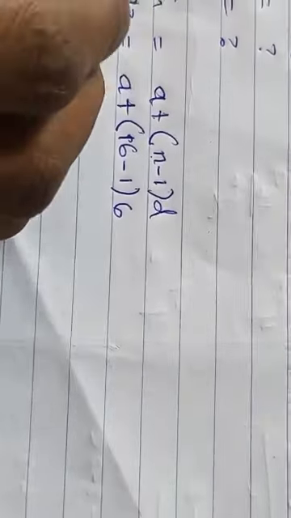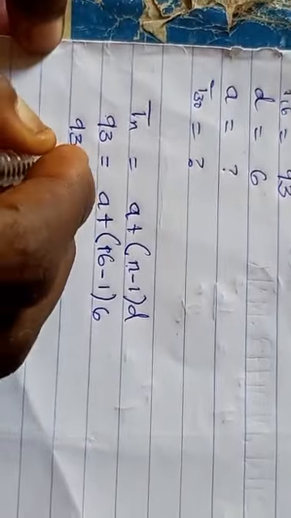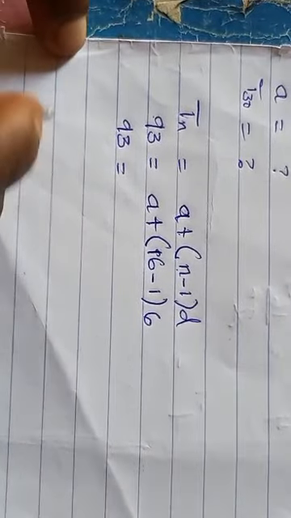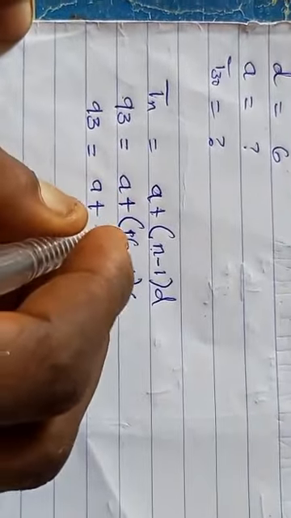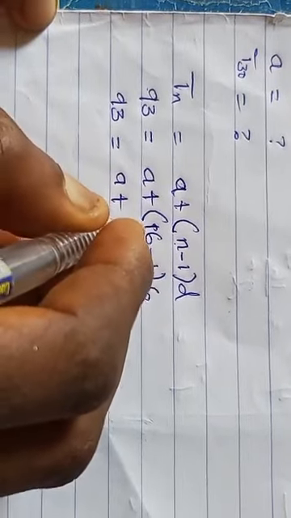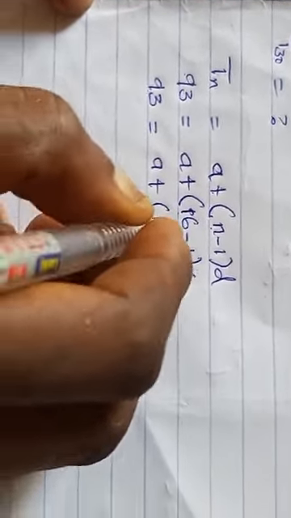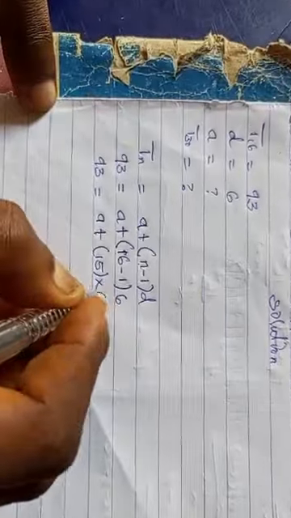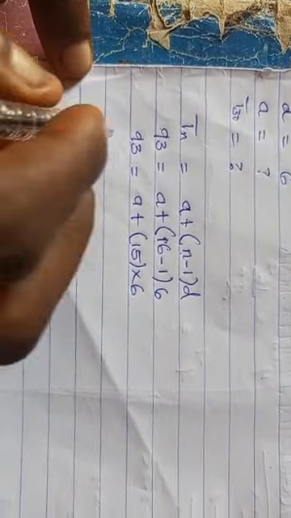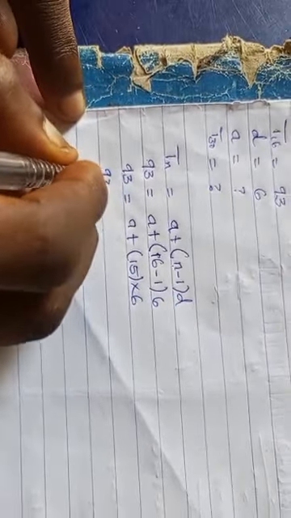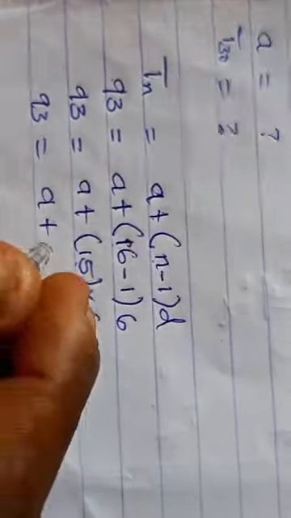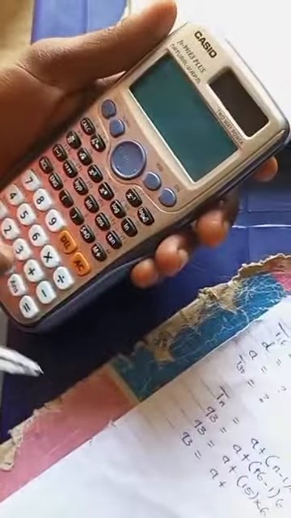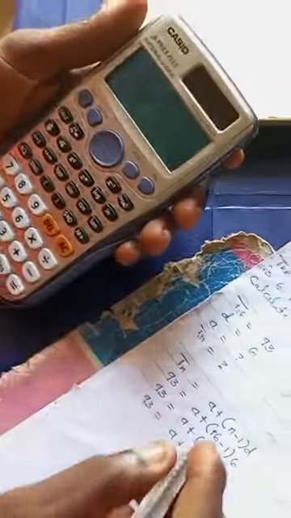So this will now be 93 equal to A, the first term, plus bracket open 16 minus 1 is 15, then times 6. Multiply this, you now have 93 equal to A plus 15 times 6. 15 times 6, use your calculator, you now have 90.